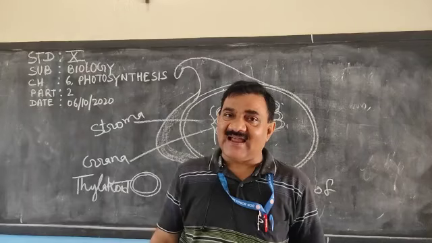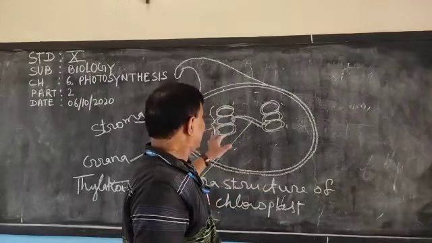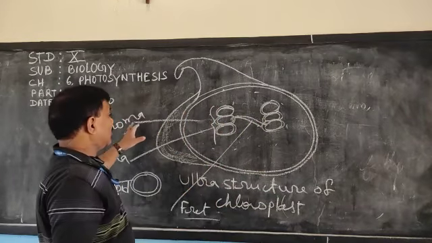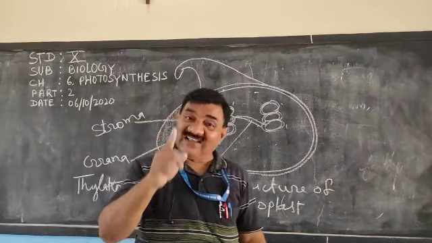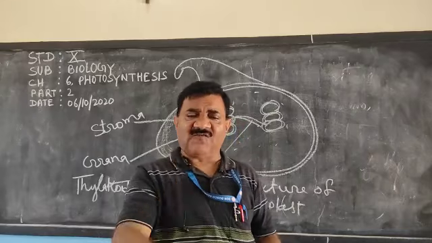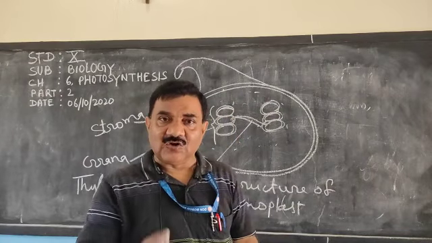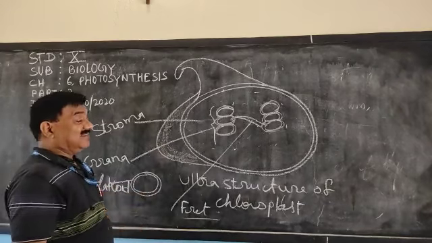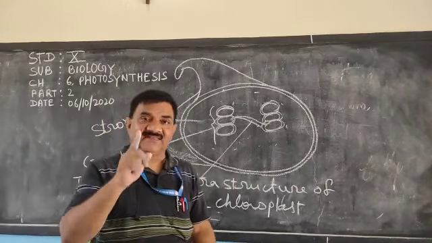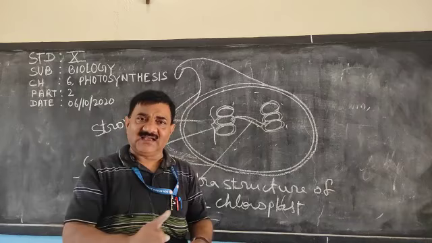What pigment is that? That is chlorophyll, present inside the walls of thylakoid. If the location of chlorophyll is asked, your reply will be walls of thylakoid. Very clear?